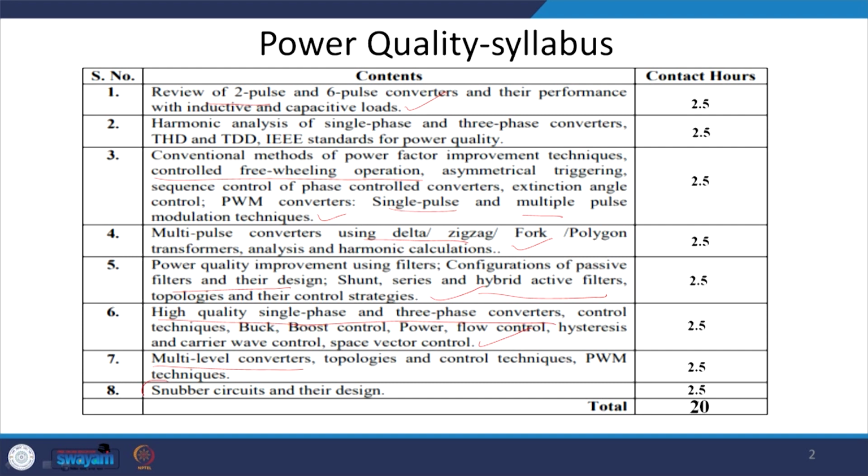Then we shall see snubber design, which will be something new, and which will also help mitigate the power quality problem. This is what we try to cover in 20 hours. Me and my TAs have aspirational goals to complete this syllabus, because this is our 40-hour syllabus, and we have cut short a few things, a 40-hour syllabus at IIT Roorkee.